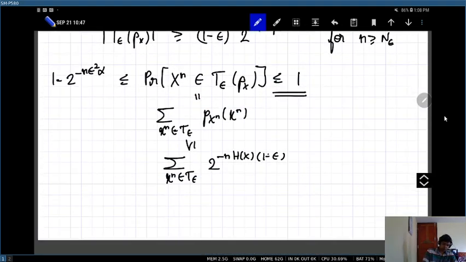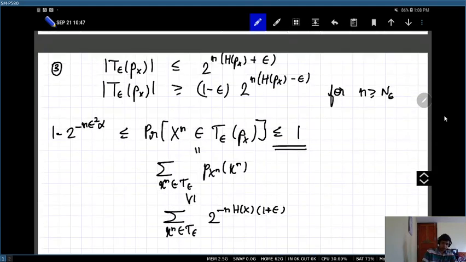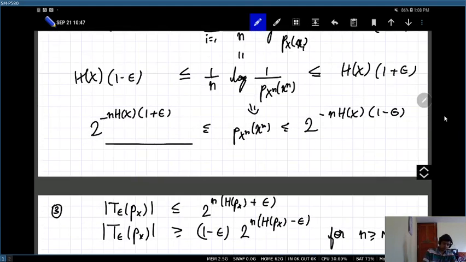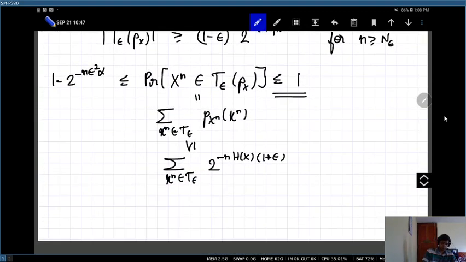So P_{X^n}(x^n) is always greater than or equal to 2 to the minus n times H(X) times 1 plus epsilon, right? So using that fact over here, we get that this sum is less than or equal to 1.